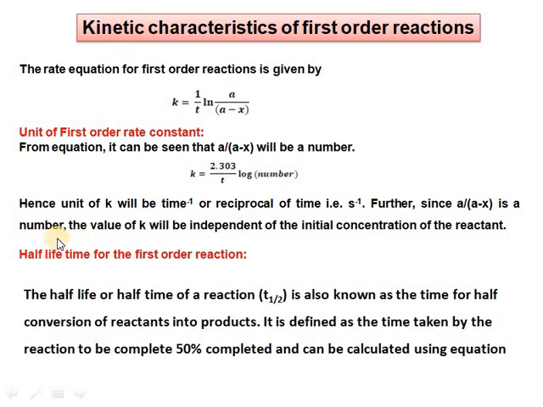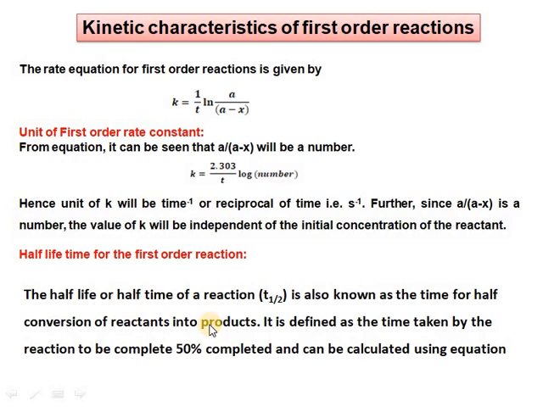Now the second characteristic is the half-life time of a first order reaction. The half-life, t half, is the time for half conversion of reactant into product.